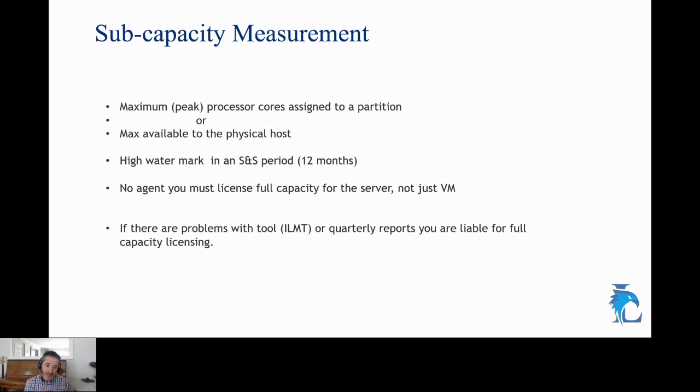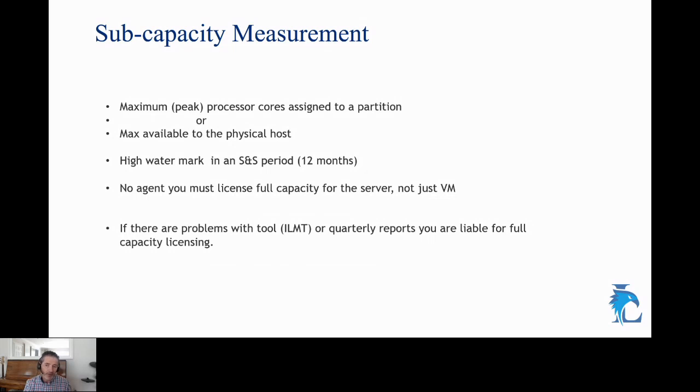The clock does not reset until your new SNS period. So even though you might reduce back the cores quickly, you're still required to buy licenses for that increase. And IBM, unlike Microsoft, do not allow true up. You've got to buy it immediately.